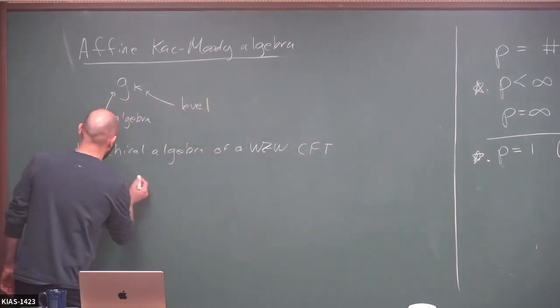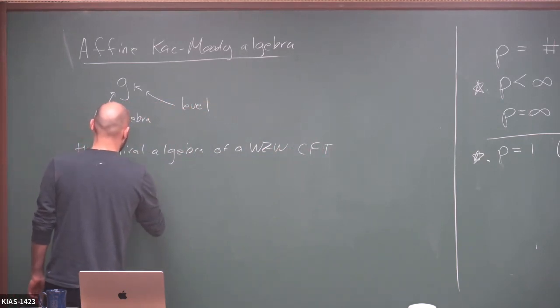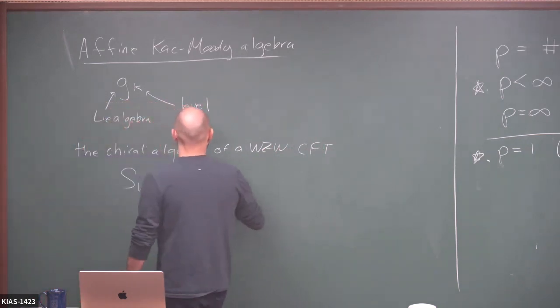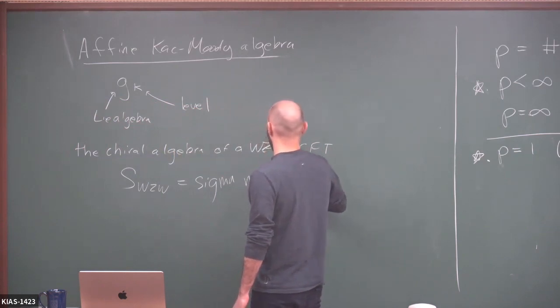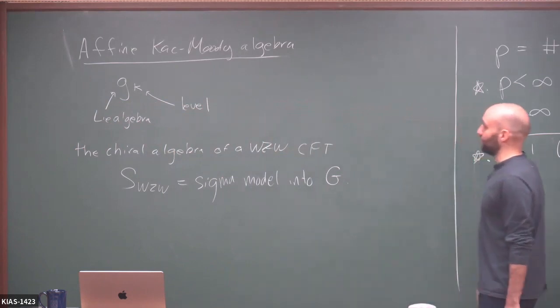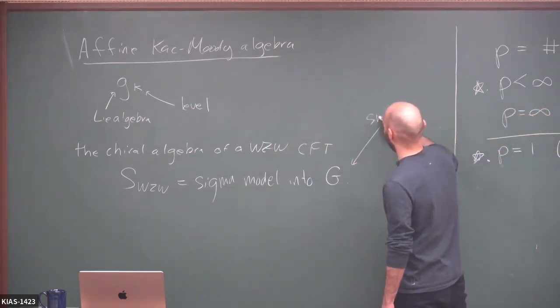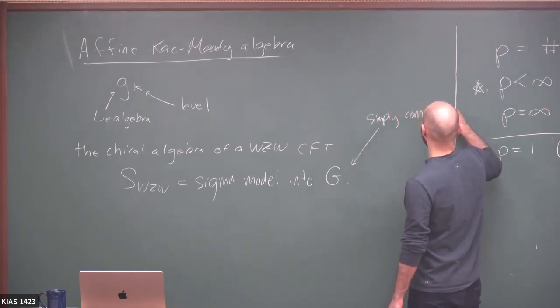And what a WZW CFT is, I'll just write words since the equations won't matter. It's a sigma model into G, where G is the simply connected Lie group of little g.